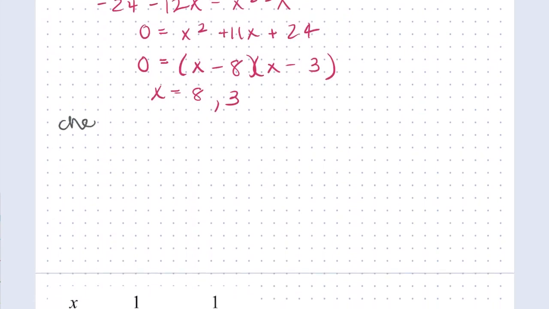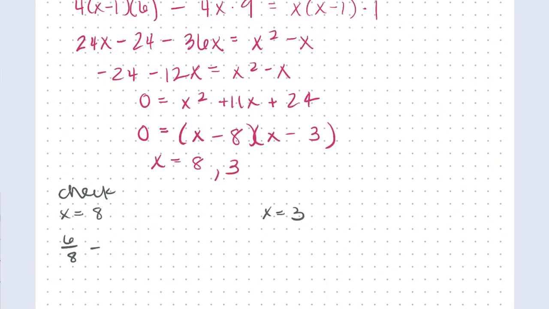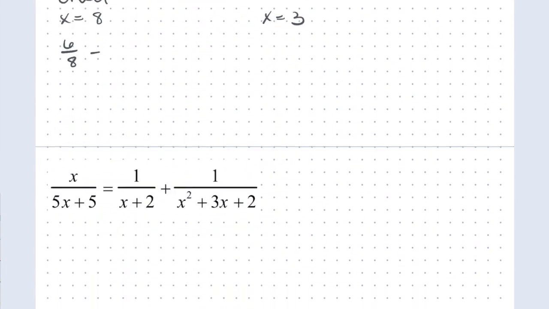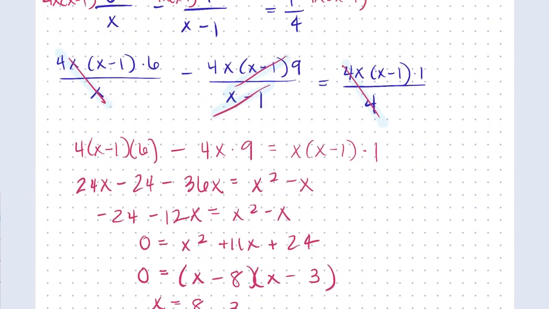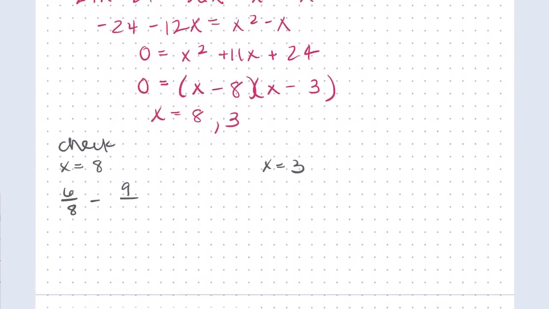So I'm going to do a check. X equals 8 and x equals 3. It's going to be 6 over 8 minus 9 over... Oh, also, side note, both of these should be plus, right?